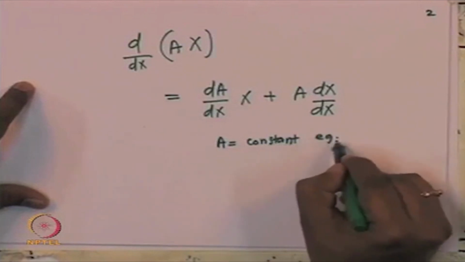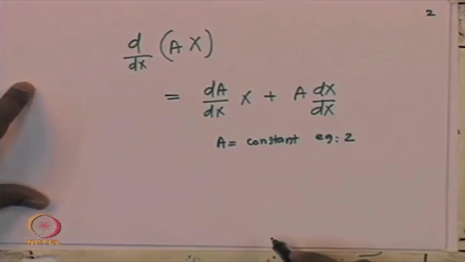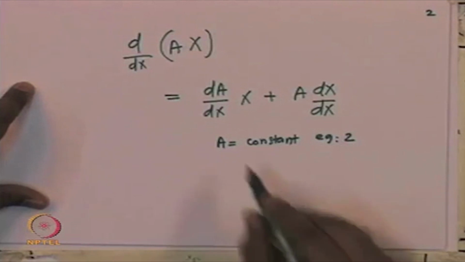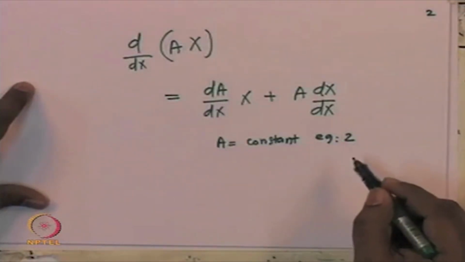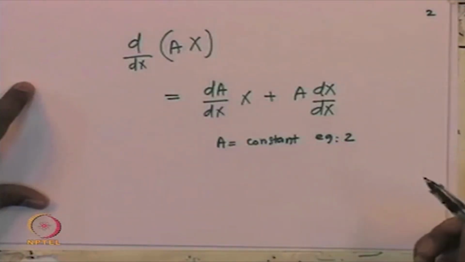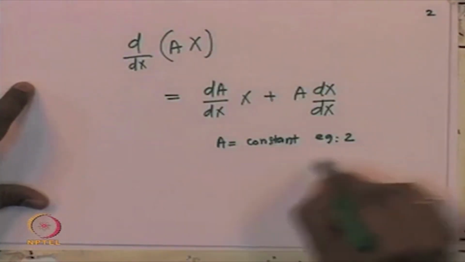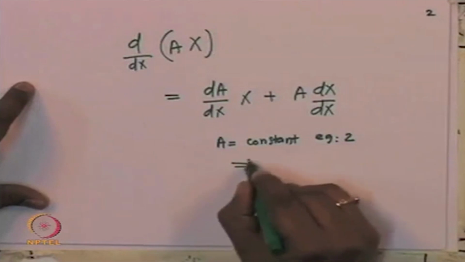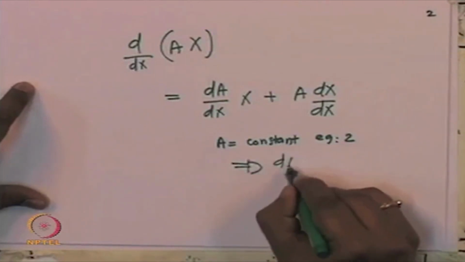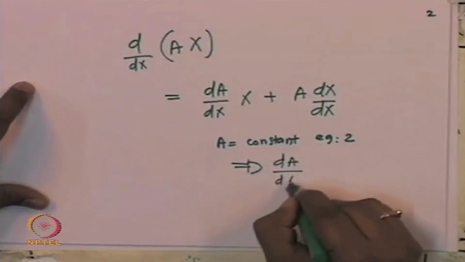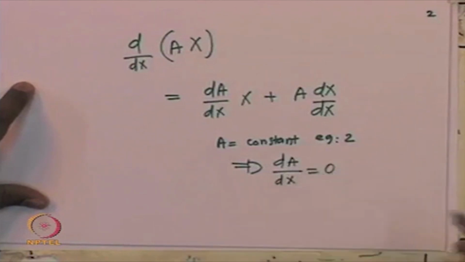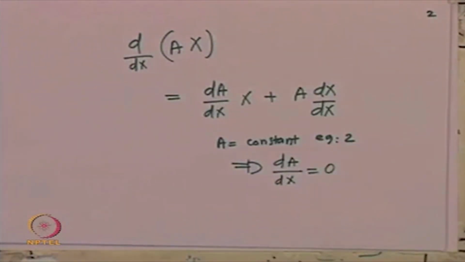Let us say a is just 2. Then 2 does not change with x, 2 is just a constant. If a is a constant, the change in a is basically 0, a cannot change because it is just a constant.